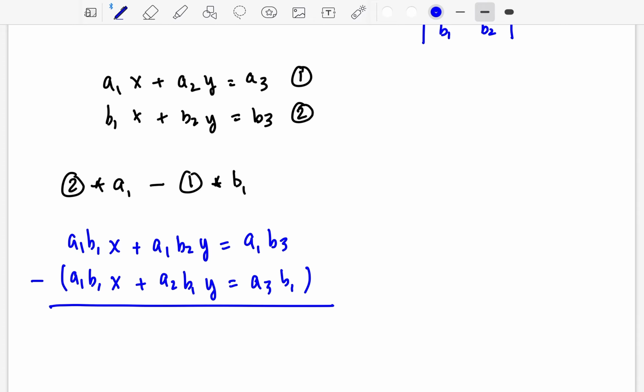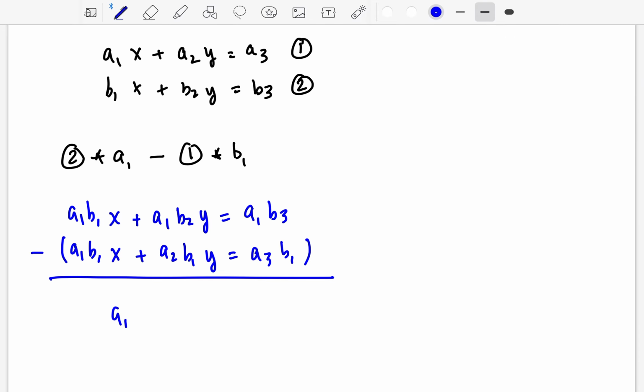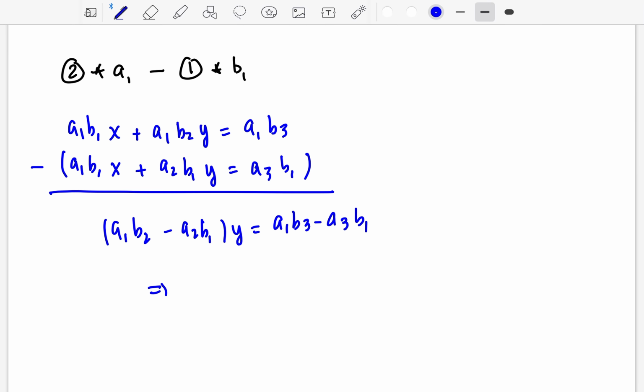When I subtract them, I get rid of x, and I end up with a1 b2 minus a2 b1 times y equals a1 b3 minus a3 b1. So from here, you get that y is equal to this right-hand side divided by a1 b2 minus a2 b1.